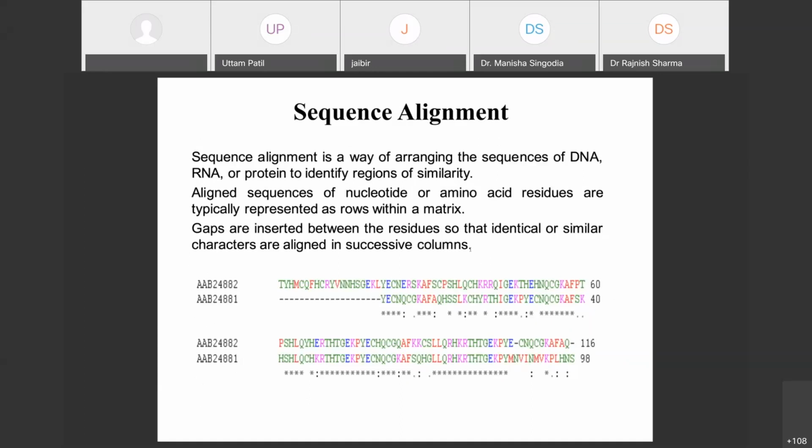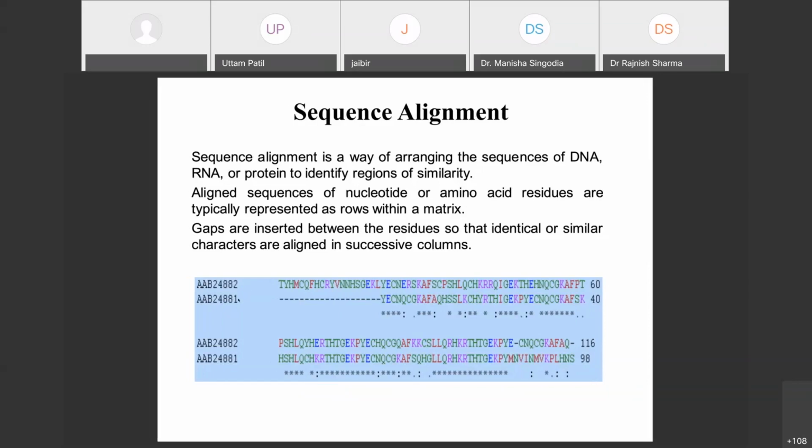Aligned sequences are typically represented as rows within a matrix. Gaps are inserted between the residues so that identical or similar characters are aligned in successive columns. So if you see here, there are two different sequences, right? One is ending with 882.